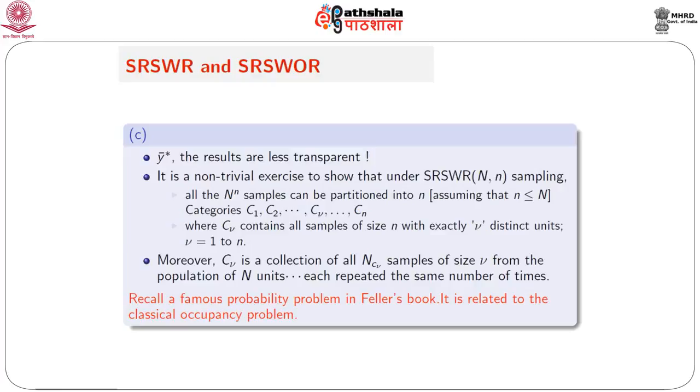can be partitioned into small n categories C1, C2, ..., Cn. We are assuming that small n is less than or equal to capital N. This C nu is a typical notation here. C nu contains all samples of size little n with exactly nu distinctive units, nu ranging from 1 to small n.